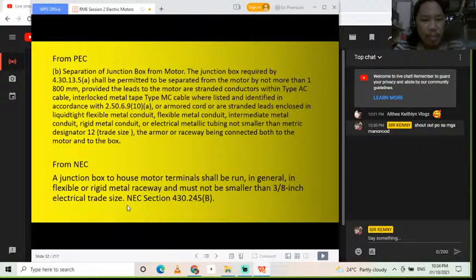Or National Electrical Code Section 430.245. So, yan po yung ating from National Electrical Code. At galing naman sa Philippine Electrical Code, wala tayong nakasulat na 3/8.